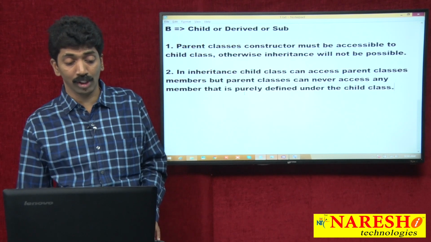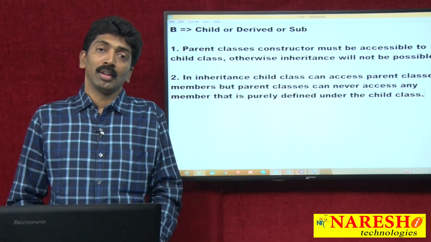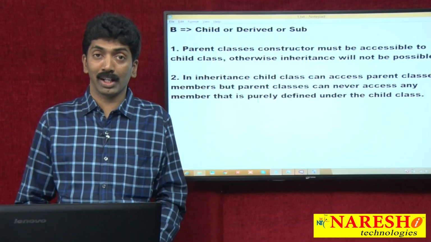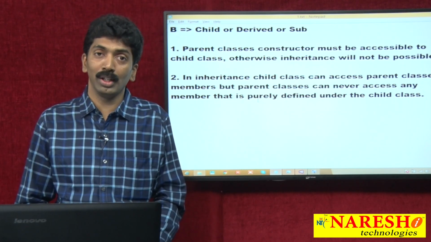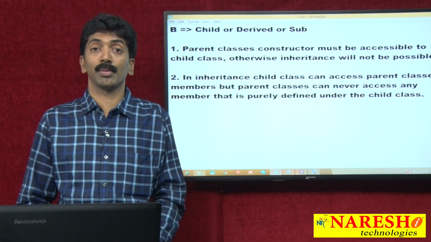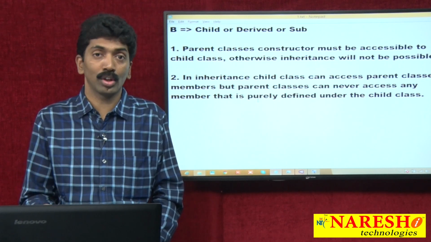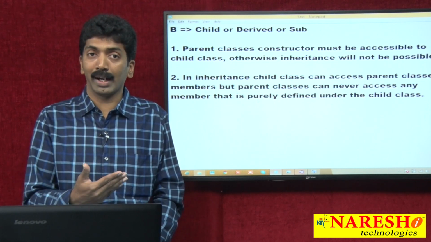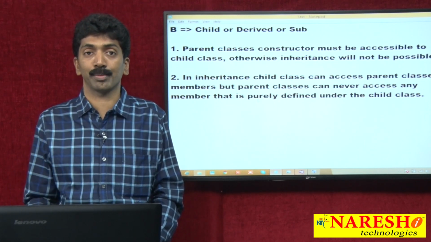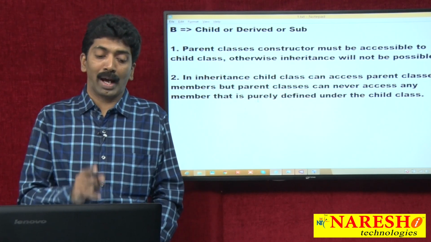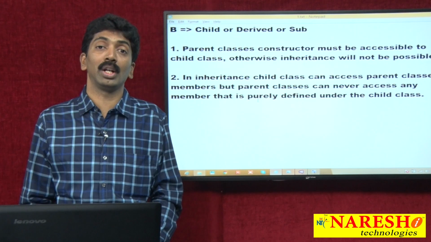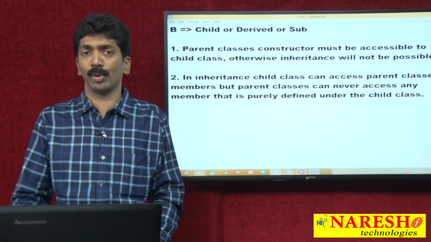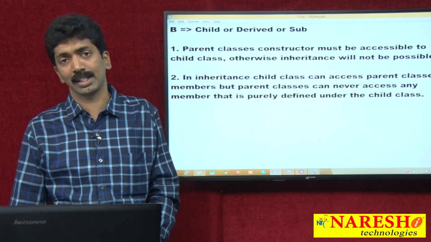See, according to law, children have right on the parents' property, but parents never have right on the children's property. It is only the children's responsibility to take care of their parents, okay? But legally, parents don't have right on the children's property. Exactly. The parent class can never access child class members that are purely defined in the child class.